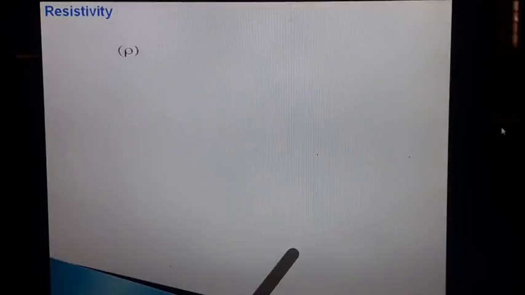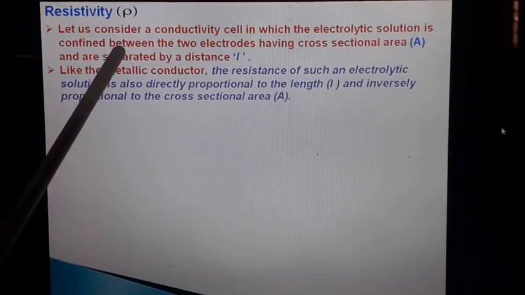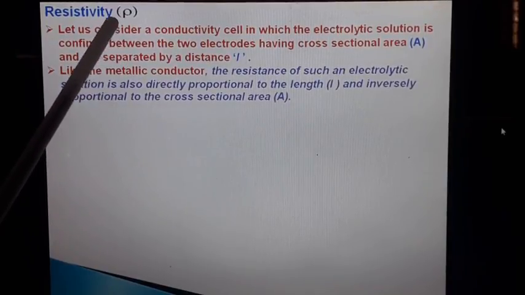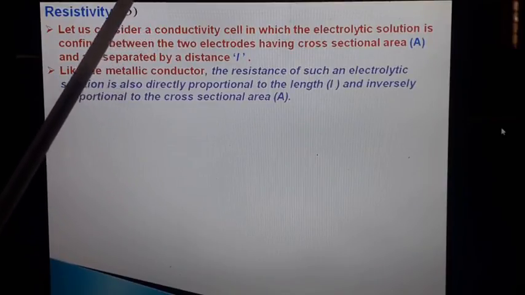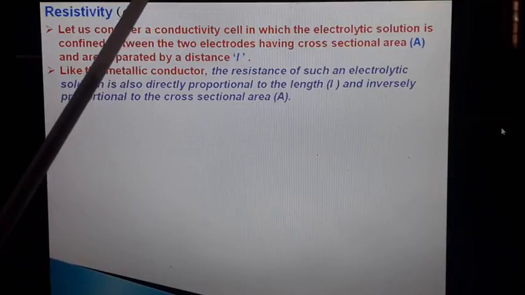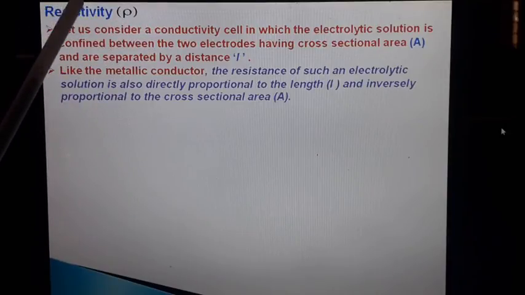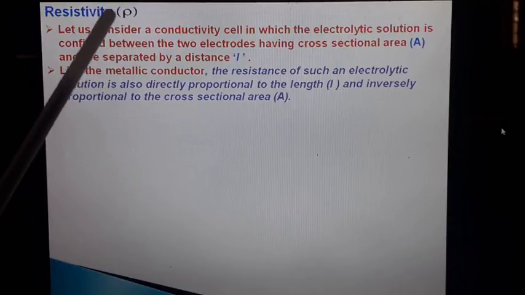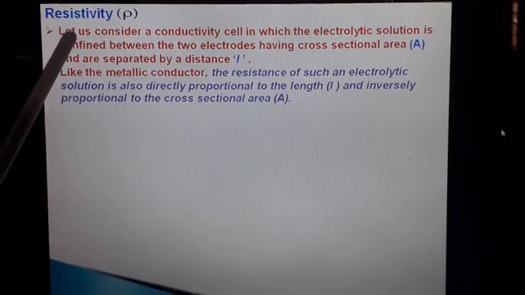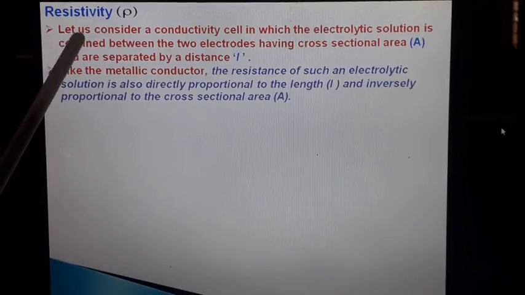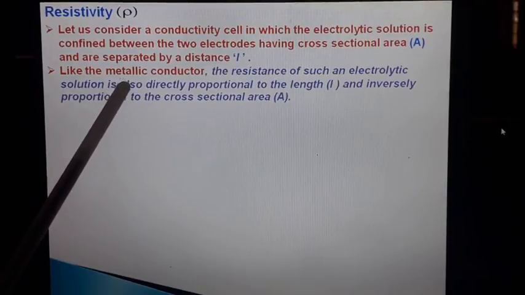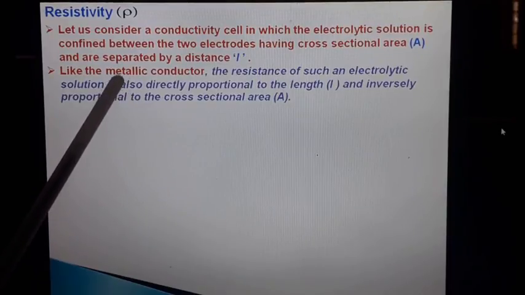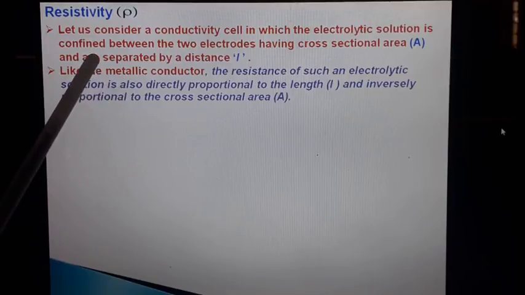Resistivity is represented by the letter rho. Let us consider the conductivity cell, which is used for measuring the current passing through. In the conductivity cell, the electrolytic solution is confined between two electrodes having cross-sectional area A and separated by the distance L. This is very important in the resistivity formula.